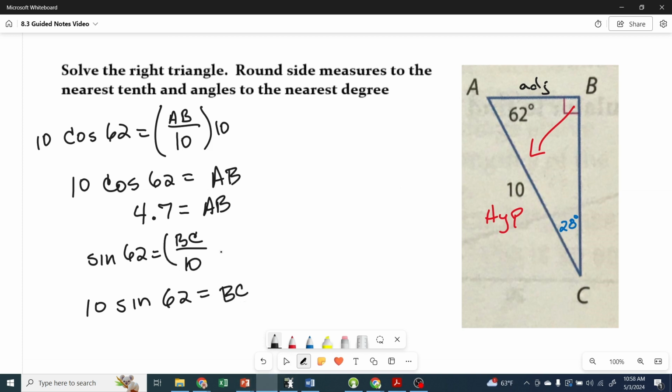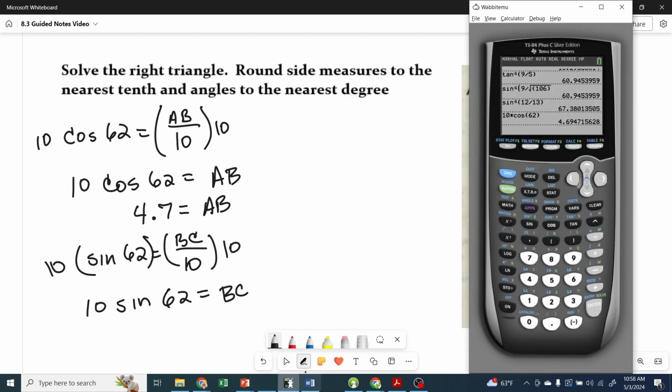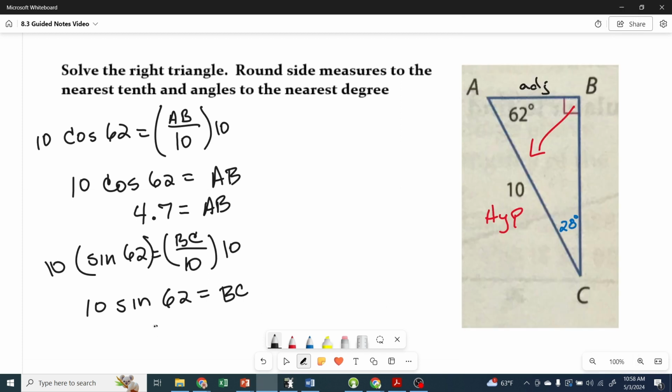Right, I just multiplied each side by 10 here to get that isolated. So 10 times the sine of 62. And I get 8.8. So 8.8 equals BC. Right?